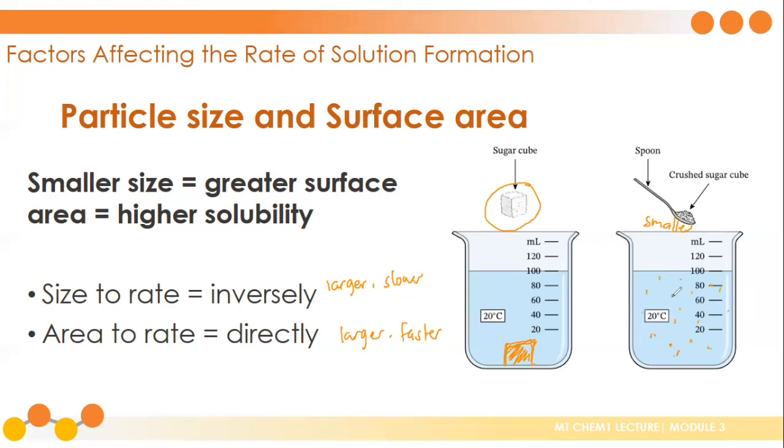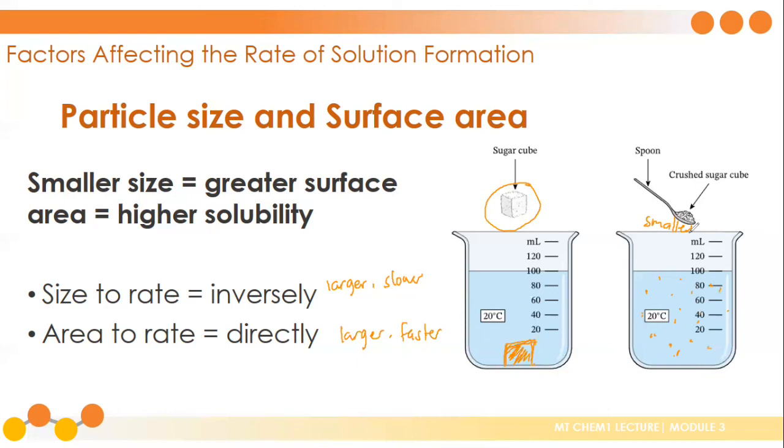So the surfaces of these granules interact with our solvent. Again, we are talking about the surface area, which means the surface area combined of all of these granules is the one that we are referring to.